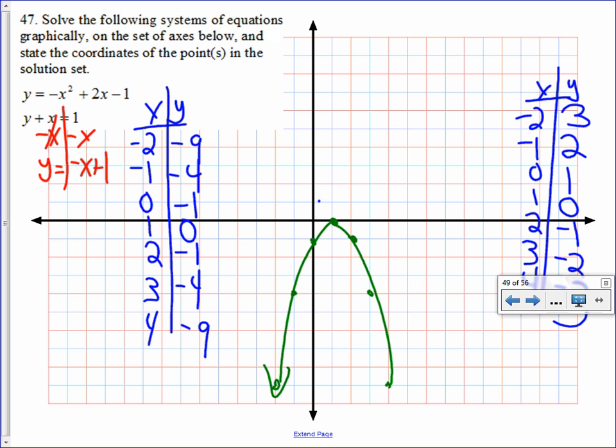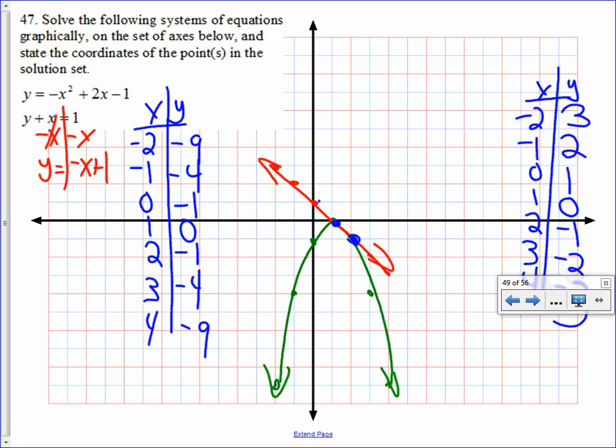Parabola, arrows because there's no interval. Second function, negative 2 comma 3, negative 1 comma 2. You see it's going to be a line. Arrow again.